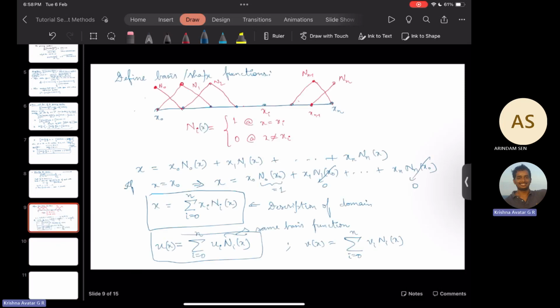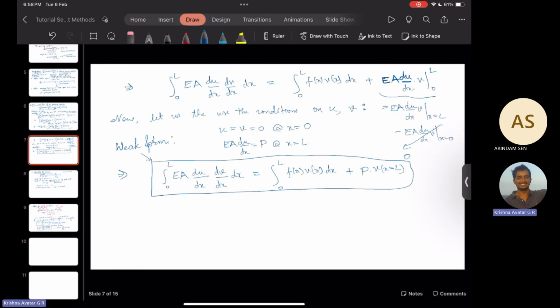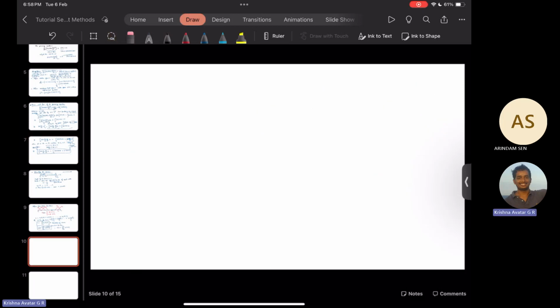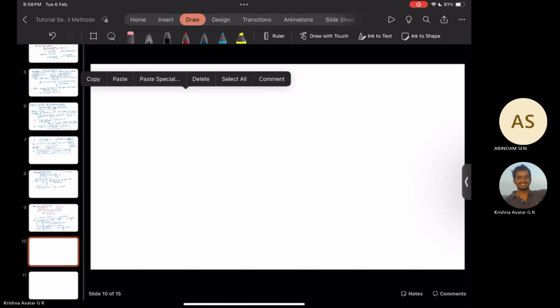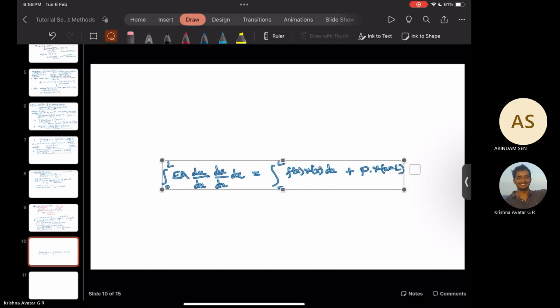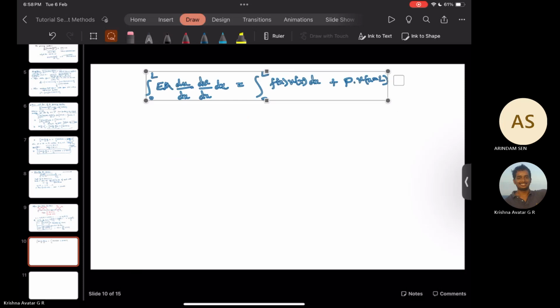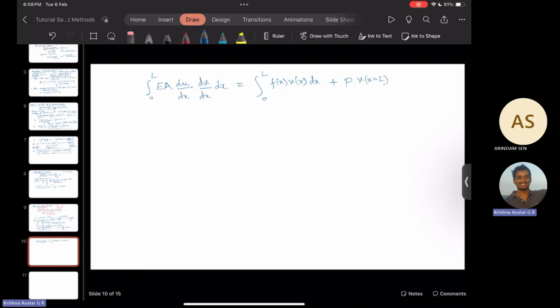So what we do now is go back to our equation here, and I'll just copy this and paste it here. Now what we can see here is, for both the terms on the right and the left, we can actually break this integral into a sum of integrals.